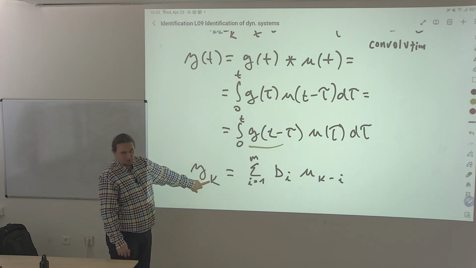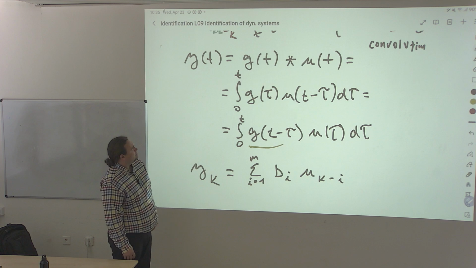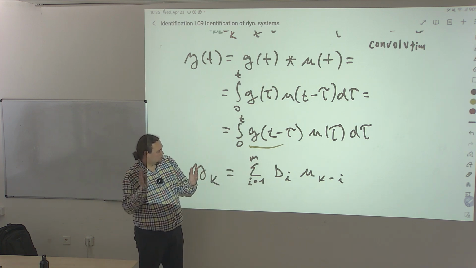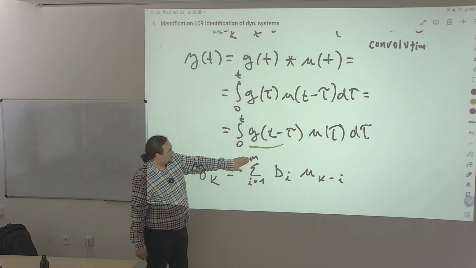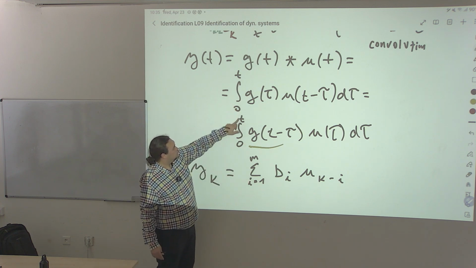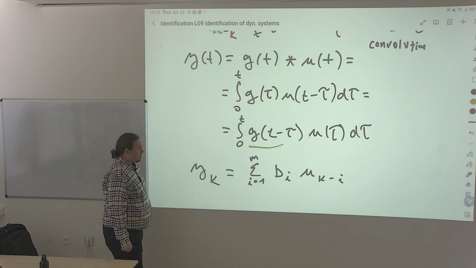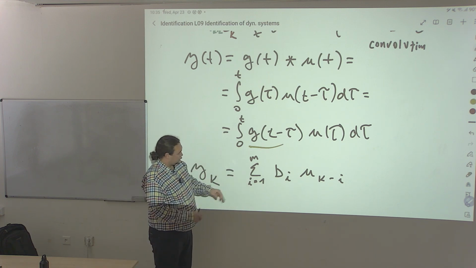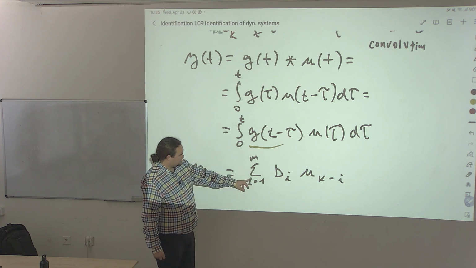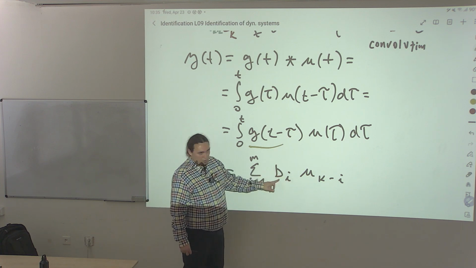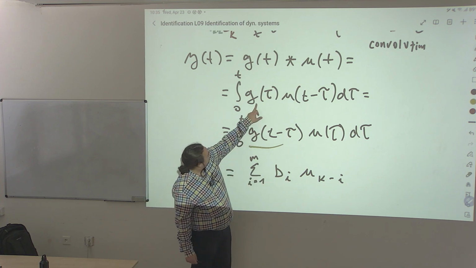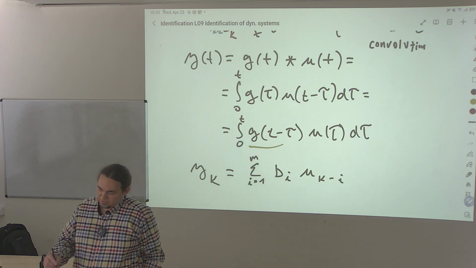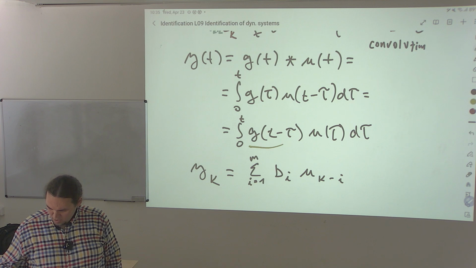The input at time t_k, at time k, is given as an influence, a collection, accumulation of what happened in the past. So here the integral is replaced, and it already only contains several terms. The coefficients b_i are basically some samples.